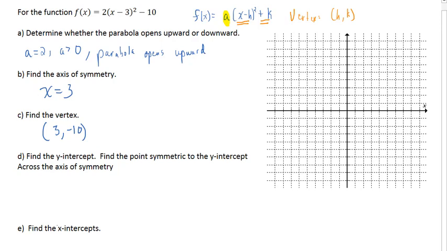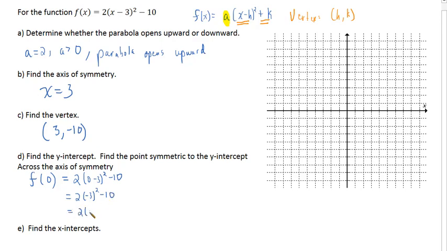Find the y-intercept. Well, to find a y-intercept for any graph, you find the function's value at 0. So the function's value at 0 is 2 times (0 minus 3) squared minus 10. So that's 2 times negative 3 squared minus 10.